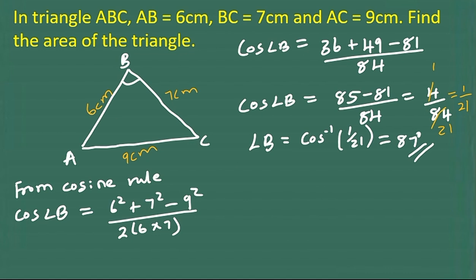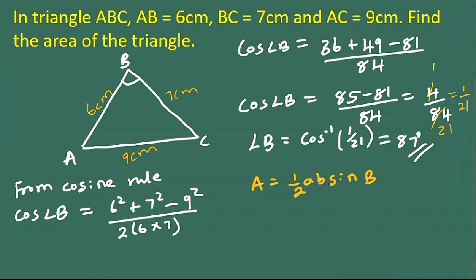Recall, we are just finding the angle so that we can find the area of this triangle. Now from here, we know that the area of the triangle A is given to be 1 over 2 times AB sine angle of B. That's what we are going to take.